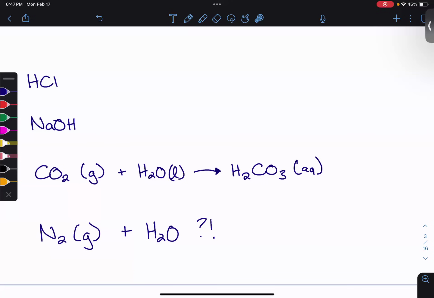No, it won't. So what do we think will happen when we add a little bit of Monster energy drink to these different indicators? What do you think? I don't know, maybe it'll be basic, who knows? Let's see what happens. Okay, so a little bit of Monster.